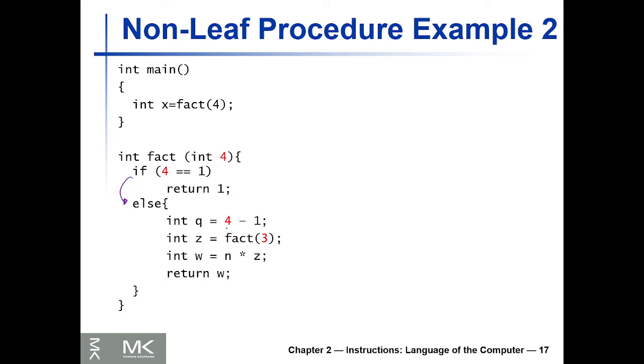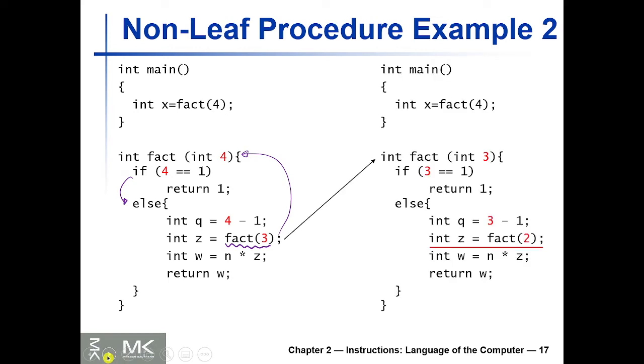So int q equals 4 minus 1, so q will be 3. So int z equals fact of 3. So we need now to calculate factorial of 3. So we're gonna go back to the factorial function and do that. So that's basically the recursion. I'm gonna stop here until calculating factorial of 3.